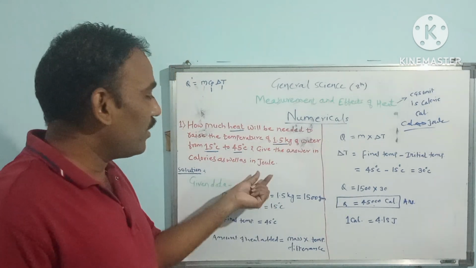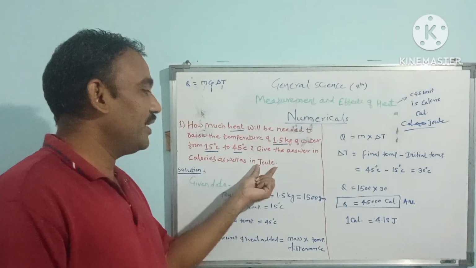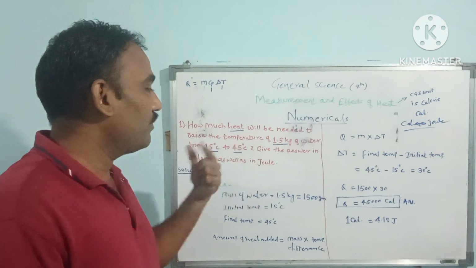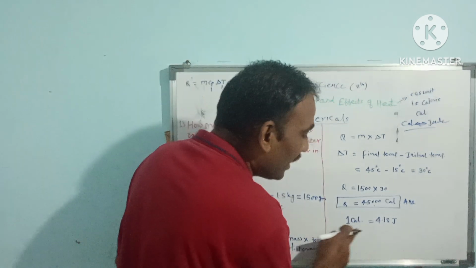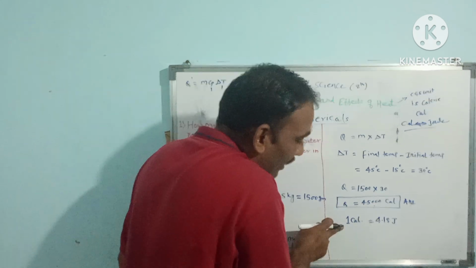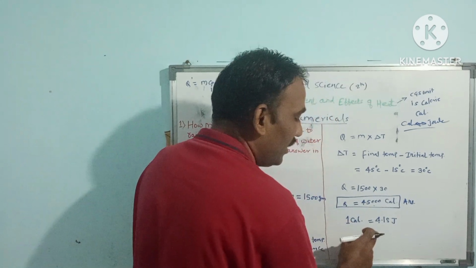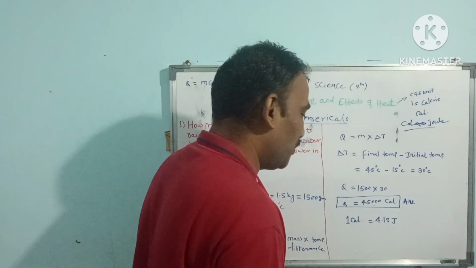Now we have to find the same answer in joule, that is, the amount of heat in joule. For that we should know the relation: 1 calorie is equal to 4.18 joule.